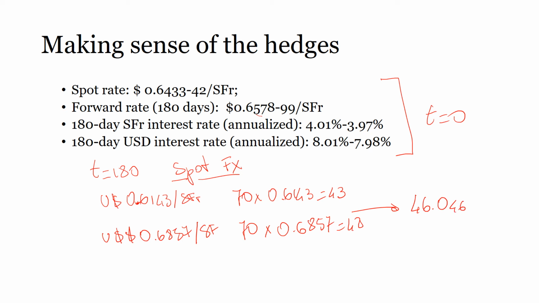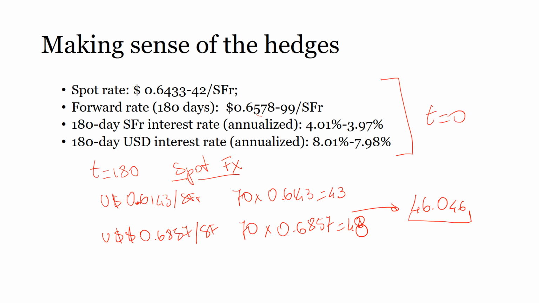So if you have an appreciation of the dollar in the future, you're still good with your forward market hedge. If you have a depreciation of the dollar, well, your forward market hedge makes you worse off. In the spot market you could have got $48 million and you get only 46 million.